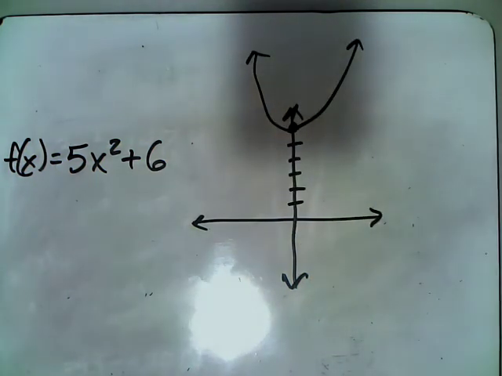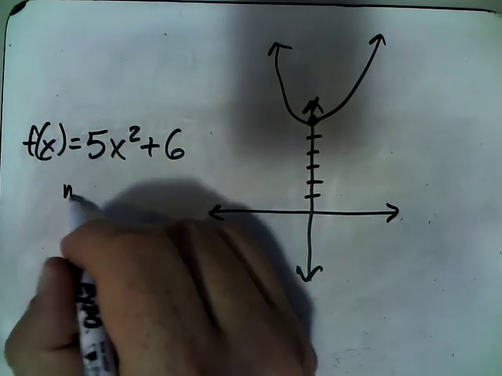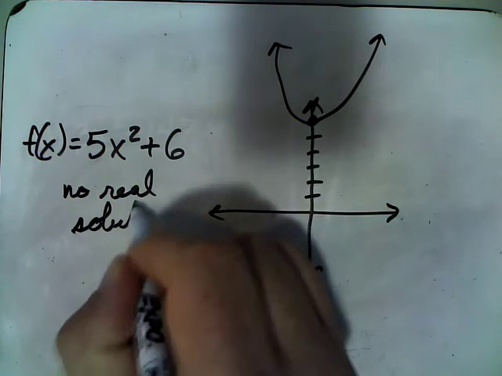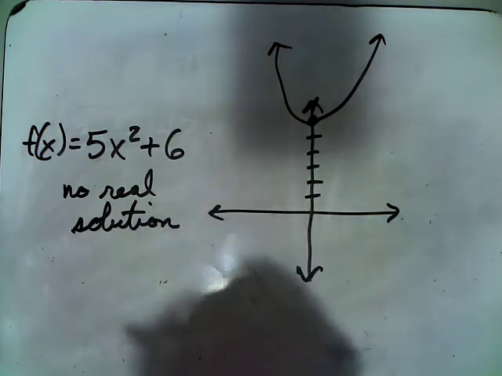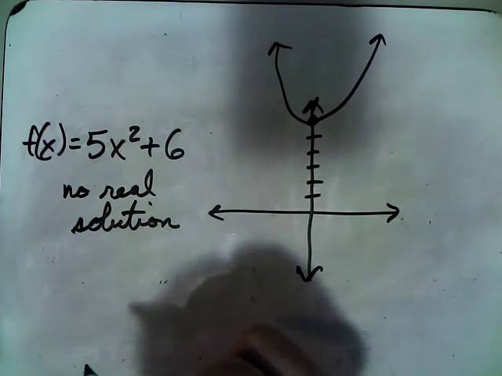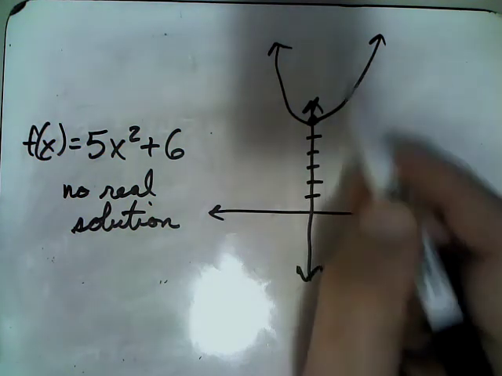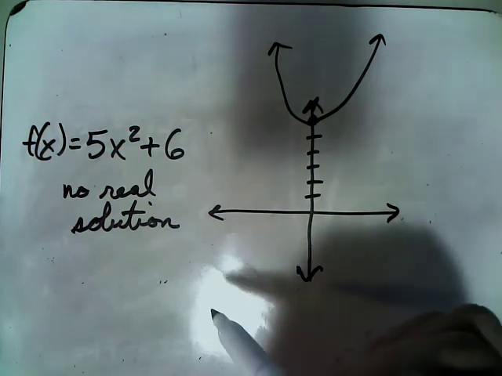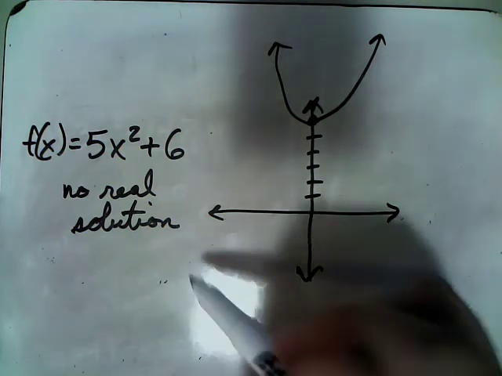And so because of that, I know that this actually is going to have no real solution. No real solution. So I don't even need to get to the point where I start plotting out other points because I know it's going to open upwards. It'll never hit the x-axis, won't have any zeros, doesn't have any real solutions.